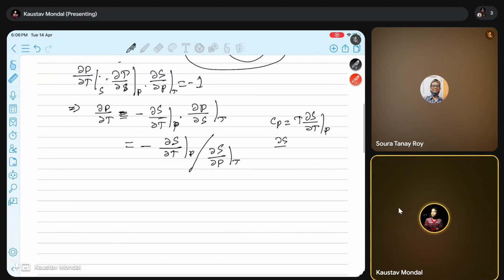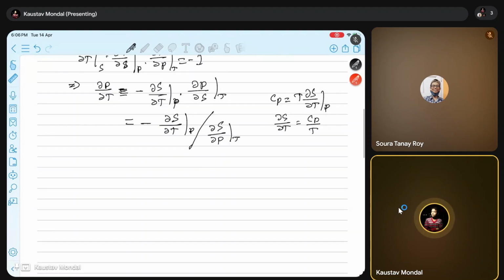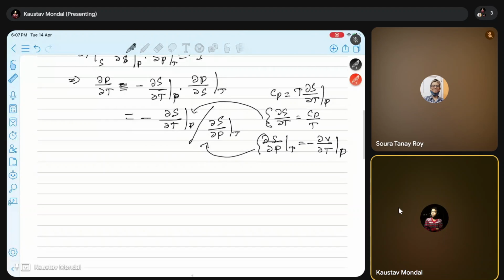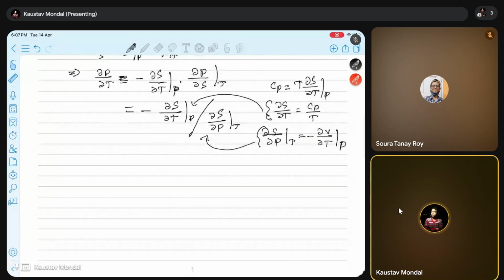That means del S del T will be Cp by T. And from the Maxwell relation for thermodynamic potentials, del S del P at constant T will be equal to minus del V del T at constant P. So you substitute this thing here, and this thing here. After doing that, you will get the expression for del P del T.